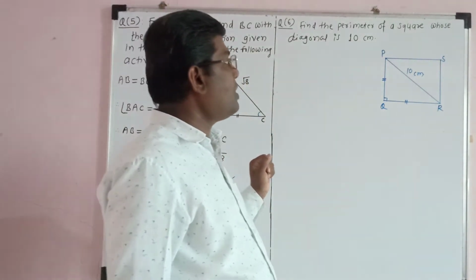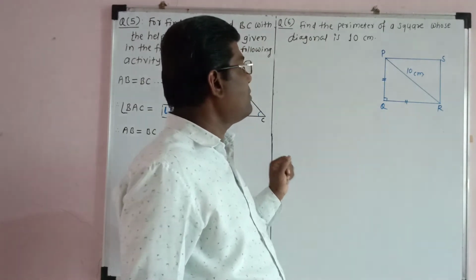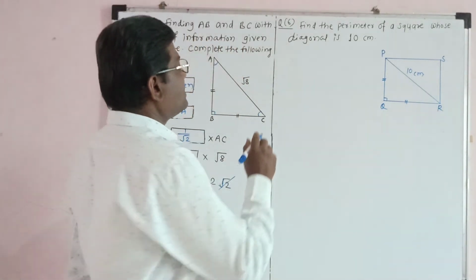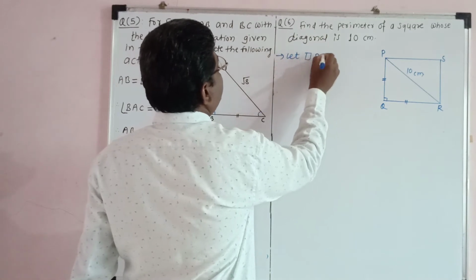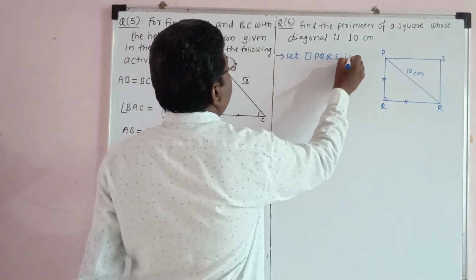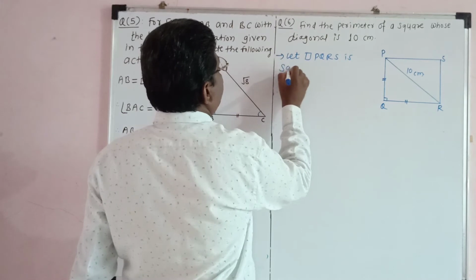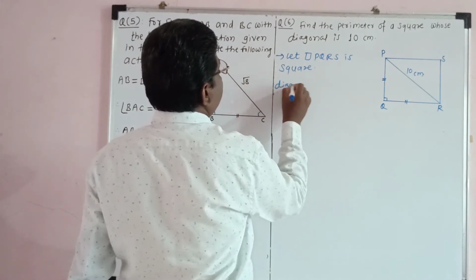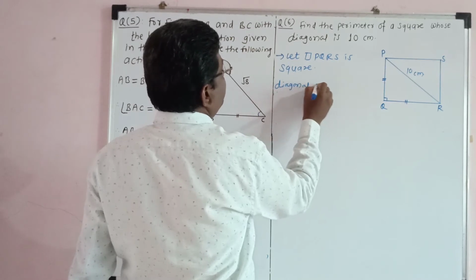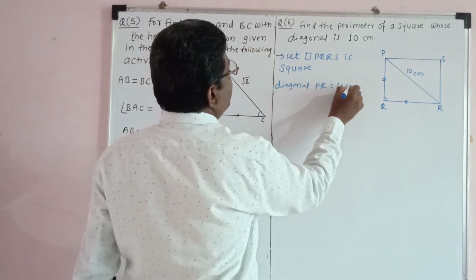Find the perimeter of a square whose diagonal is 10 centimeter. Now let quadrilateral PQRS be a square and its diagonal PR is equal to 10 centimeter.